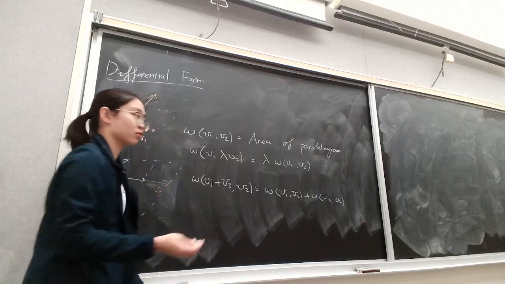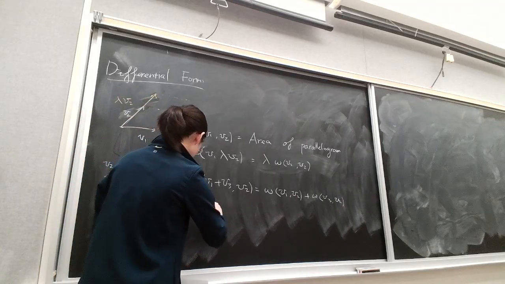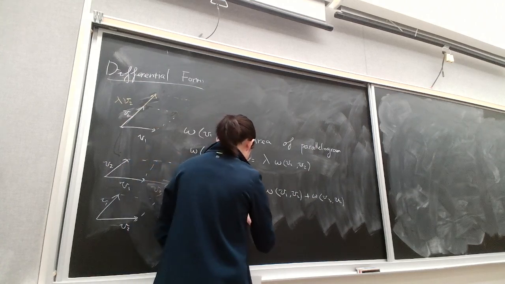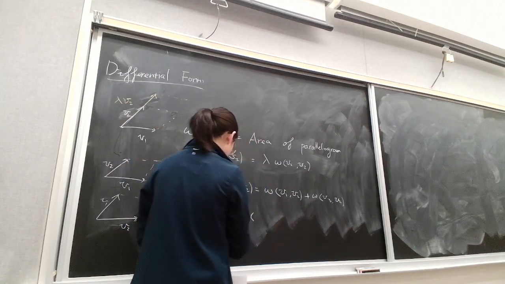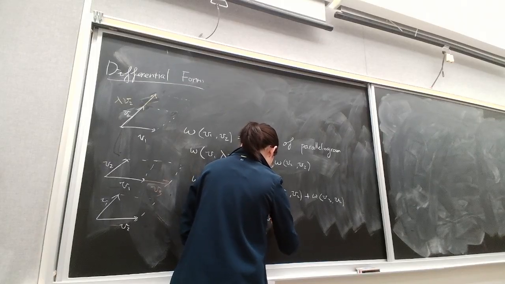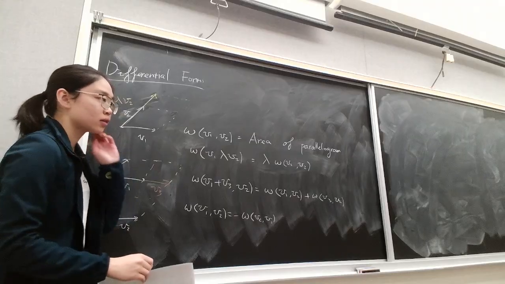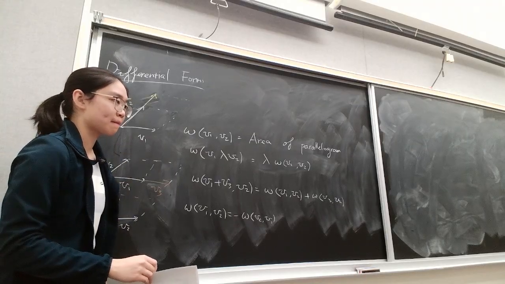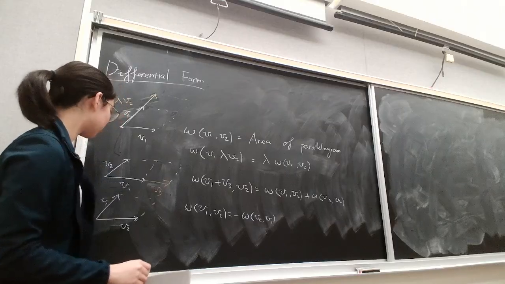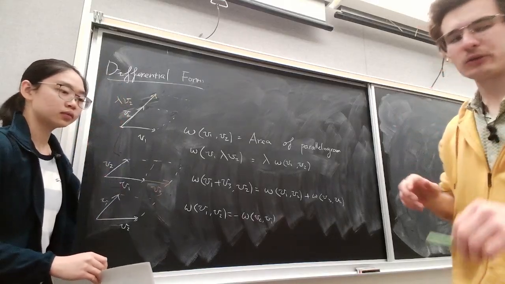So we put another restraint on omega, which is omega of v1 comma v2 is equal to negative omega of v2 comma v1. So small comment: this whole negative area business is great, but there's a simpler argument to get the exact same condition without talking about orientation separately, and then orientation pops up on its own.